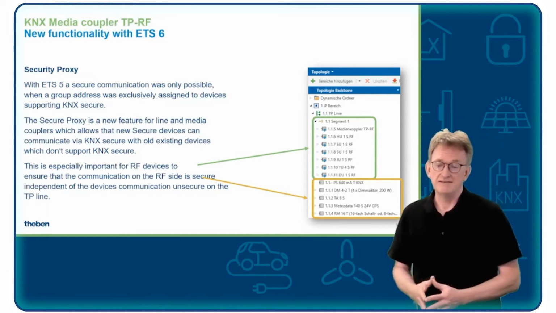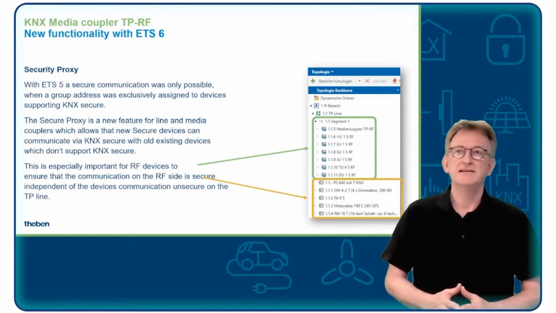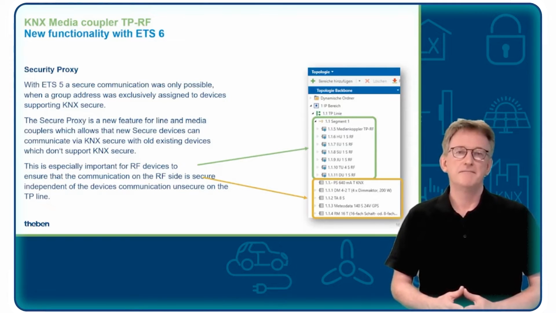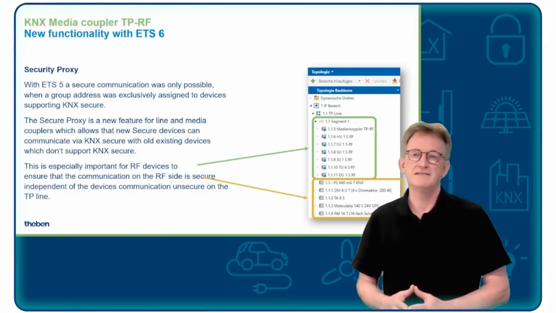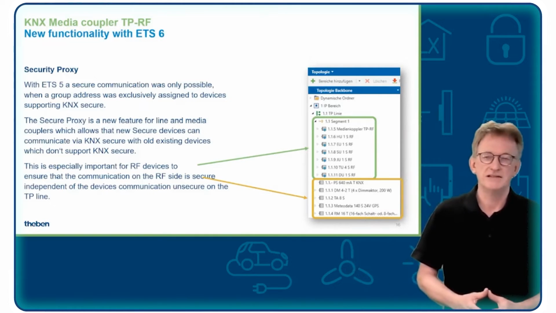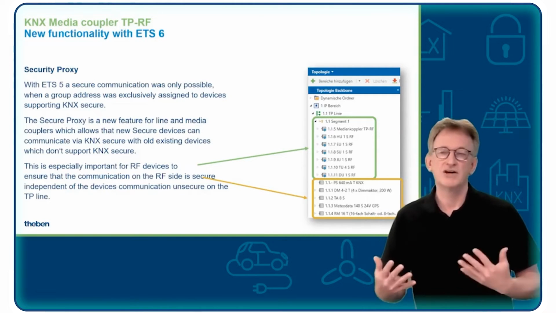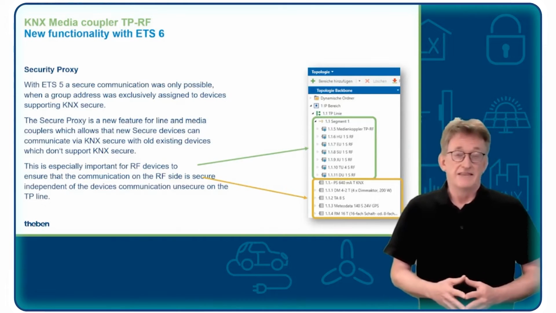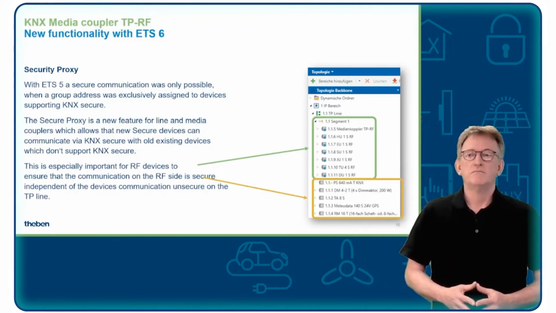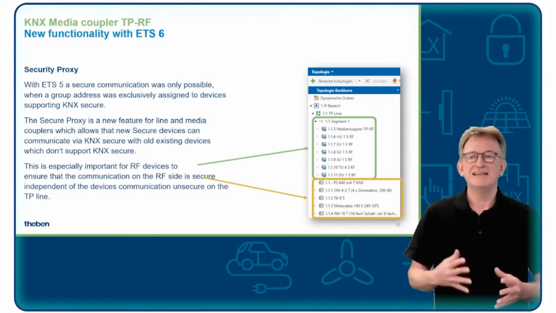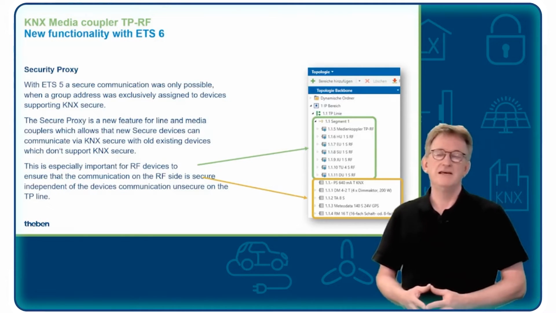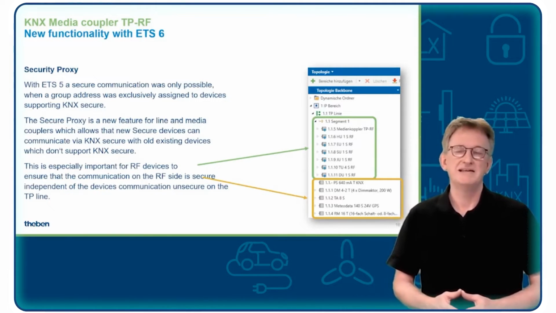But also, as you know from ETS 5, which also support KNX Data Secure, if you have a mixture of devices in your environment supporting Data Secure and devices which are a bit older, do not support Data Secure, then if you assign a group address to multiple of these different devices, then the group address will always be sent or communicated unsecure.